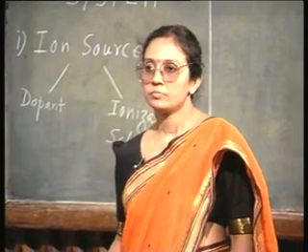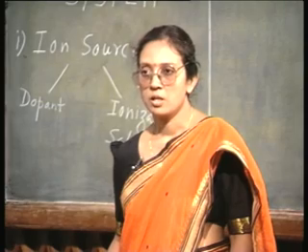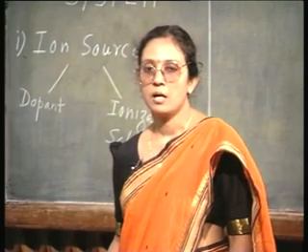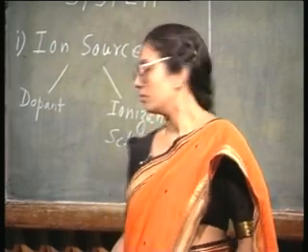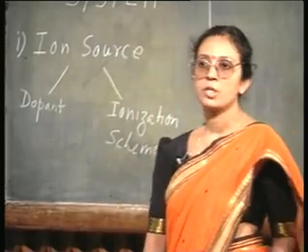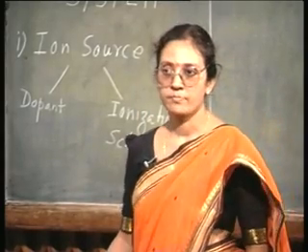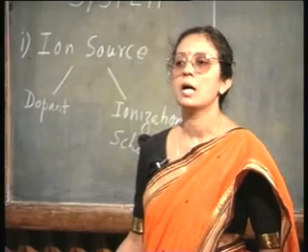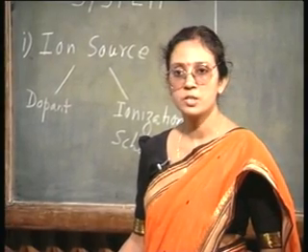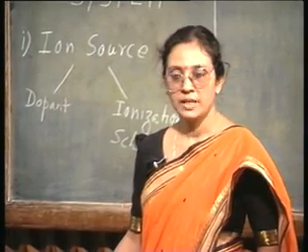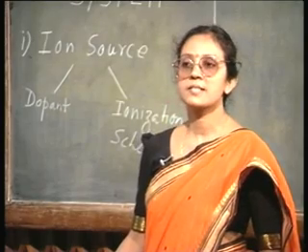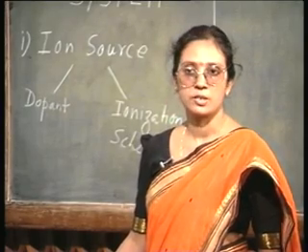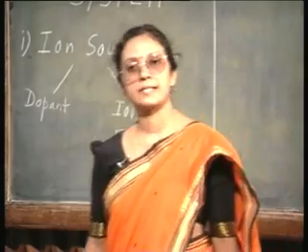So, at the end of the ion source, you have a small outlet through which now the ionized dopant species can pass. They now go to the next stage in the implantation system, which is the accelerator.